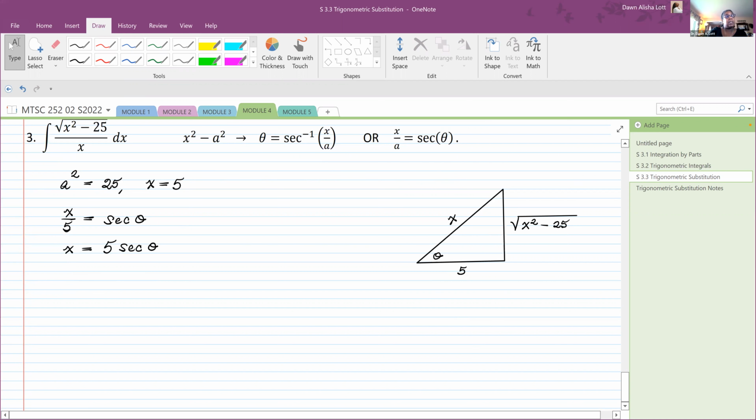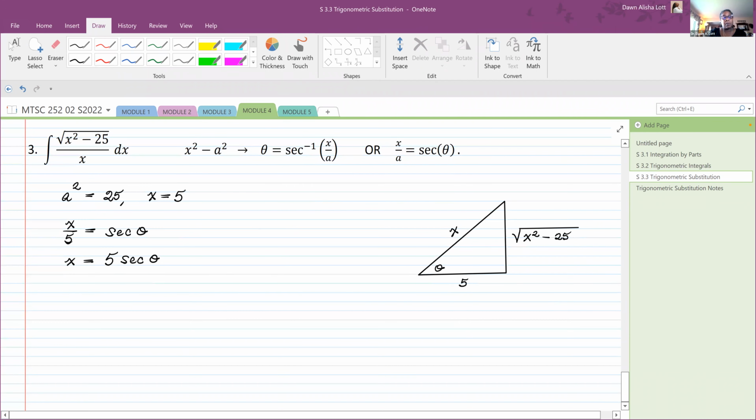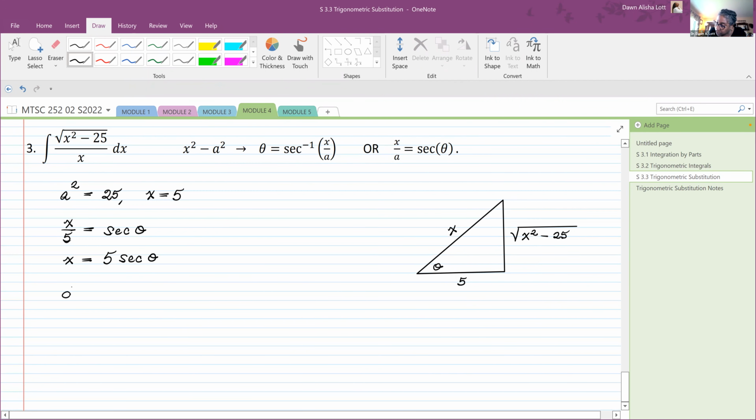So now I need dx and I need the square root of x squared minus 25. So dx is 5 times the secant of theta, the tangent of theta, d theta.